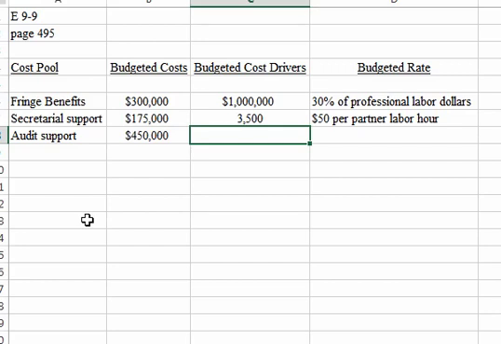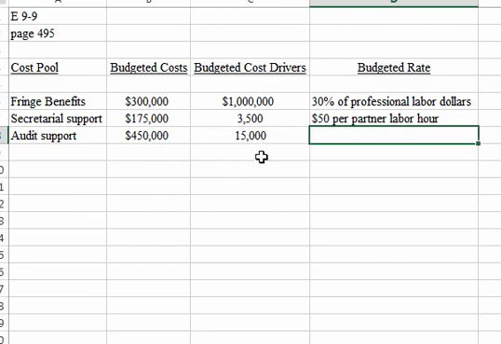Well, again, this time professional labor hours instead of dollars. There we're dealing with 15,000 hours. So we'll divide $450,000 by 15,000 hours. So that gives us $30 per professional labor hour.